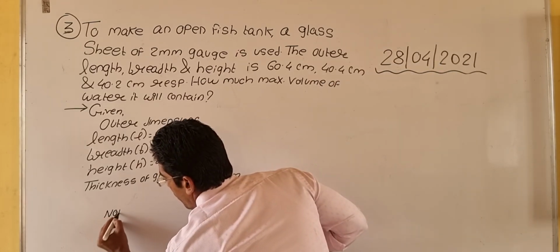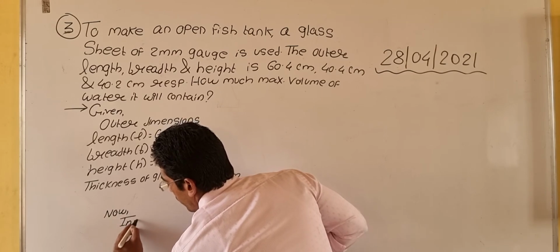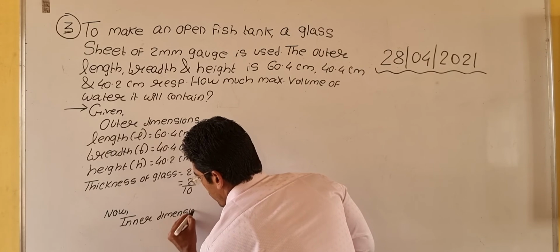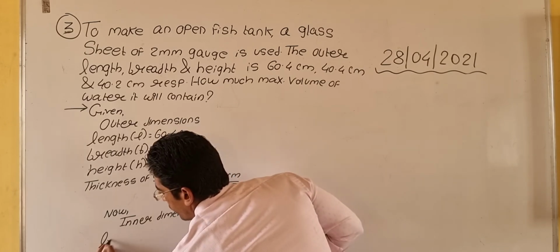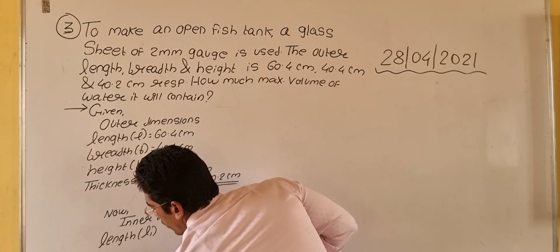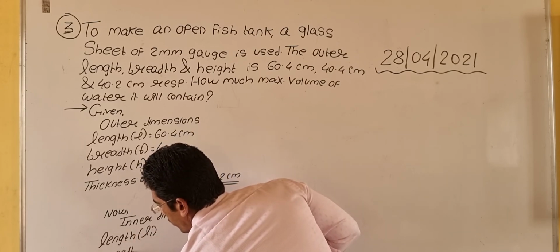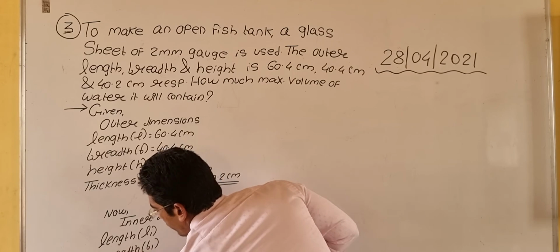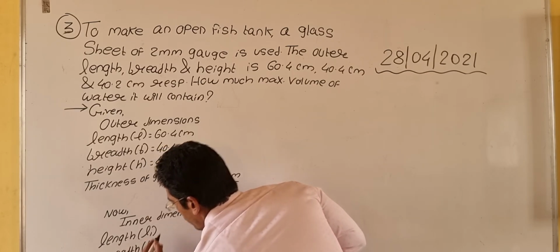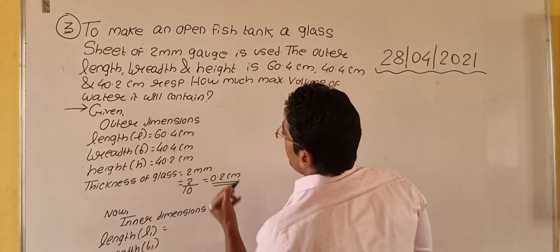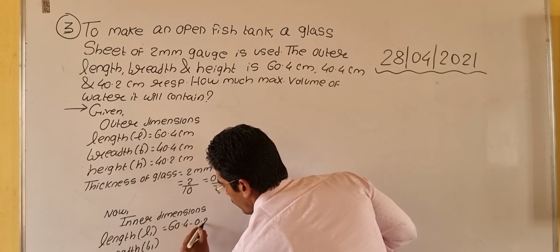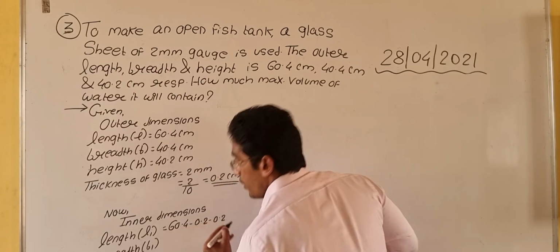Now inner dimensions. Length L1, breadth B1, height H1. Now what was the outer length? 60.4 minus 0.2 minus 0.2.